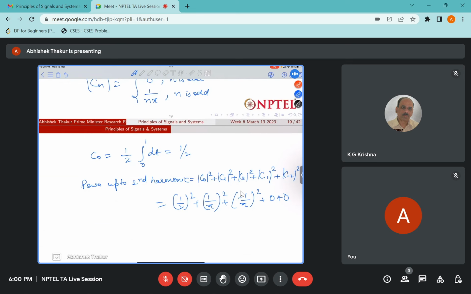So it will become 1 by 4 plus 2 by pi squared. So this will be the power. The unit will be watt. So this is the power of the given signal up to second harmonic.